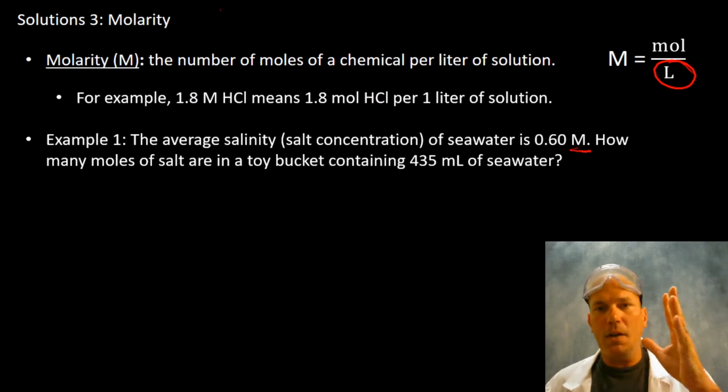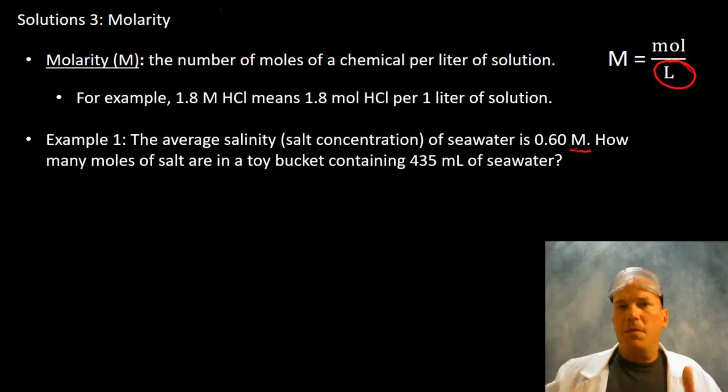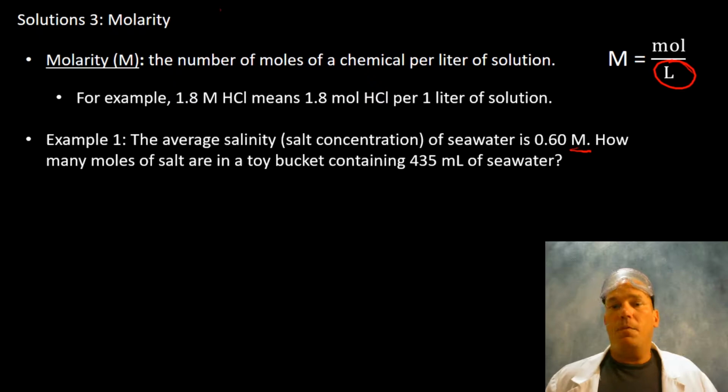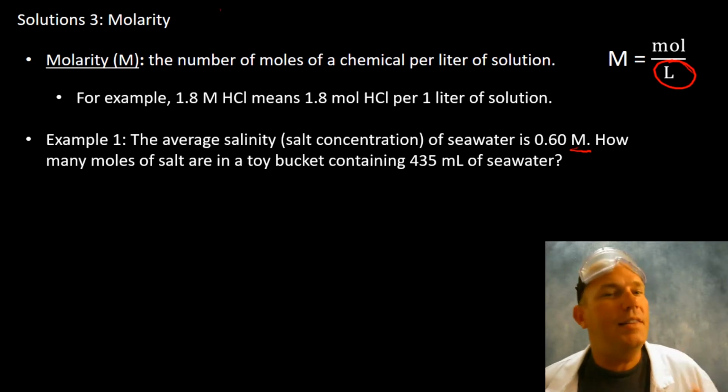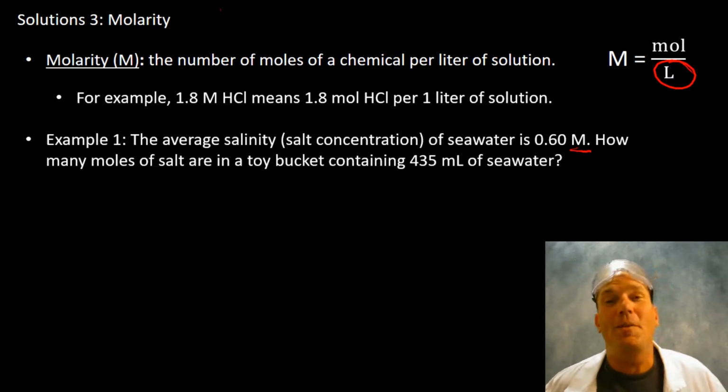Where you're going to start off for your dimensional analysis, you could start with the volume and convert it over, or the molarity. There are a lot of different ways you can do these problems, and some are easier than others.